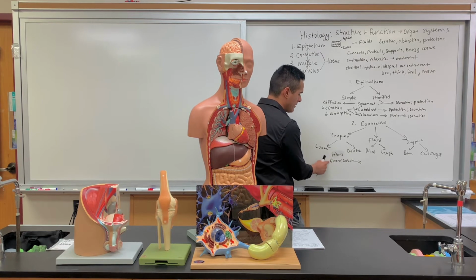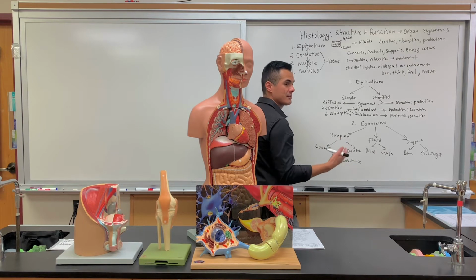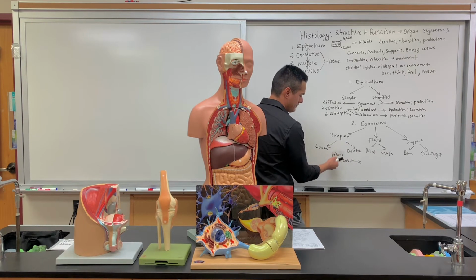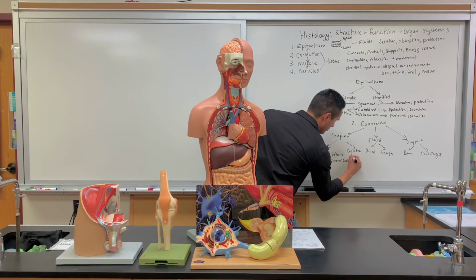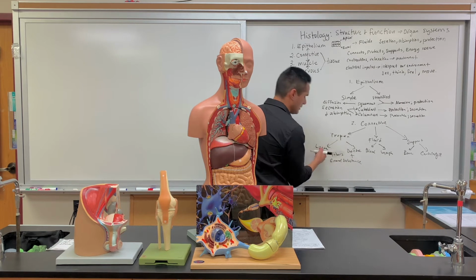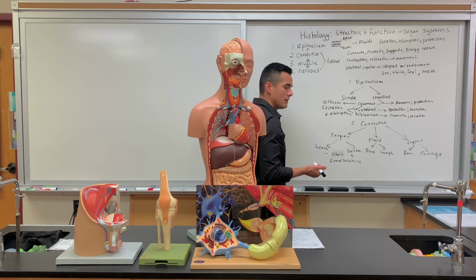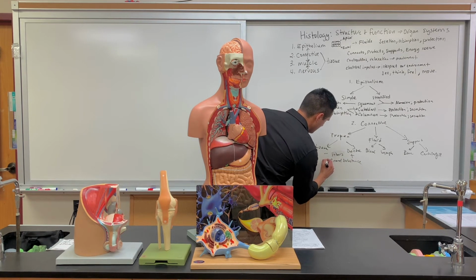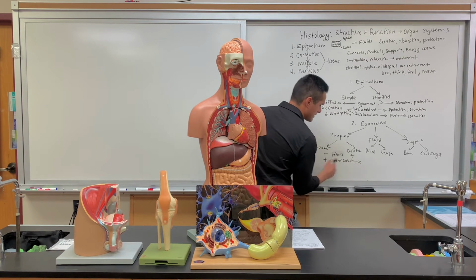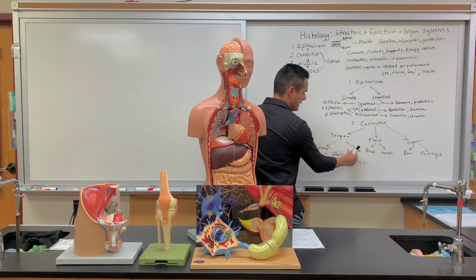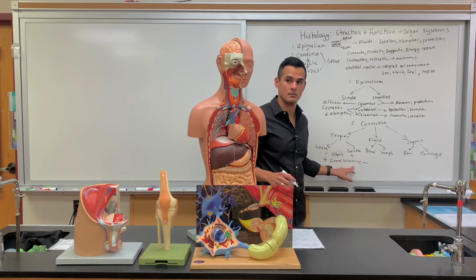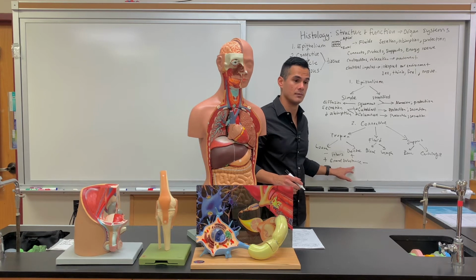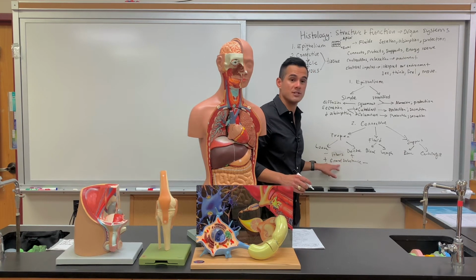Some will have more fibers and some will have more ground substance. I'm going to explain a little bit about what ground substance is. I know it doesn't make sense right now, but we're going to elaborate on that. With dense proper, there's going to be more of the fibers compared to the loose. With loose, there's going to be more of the ground substance, and the dense proper will have less ground substance.